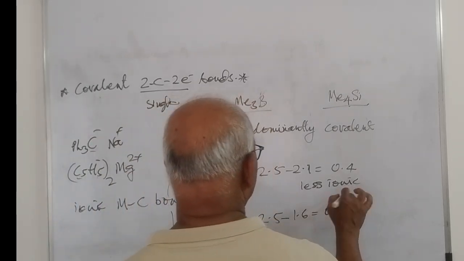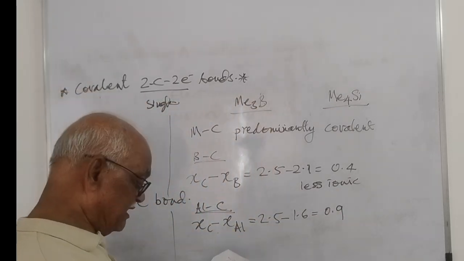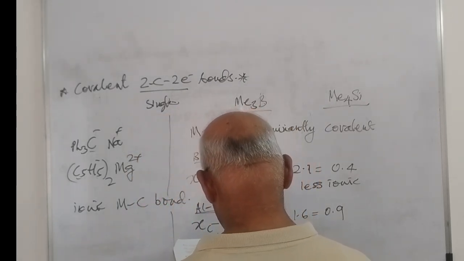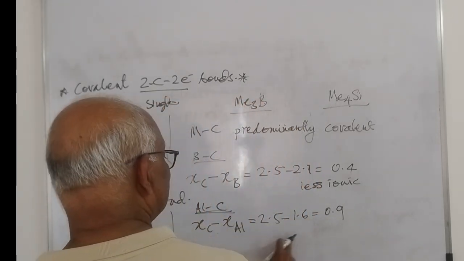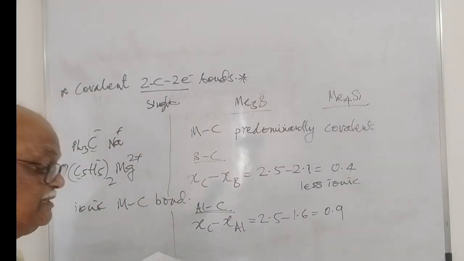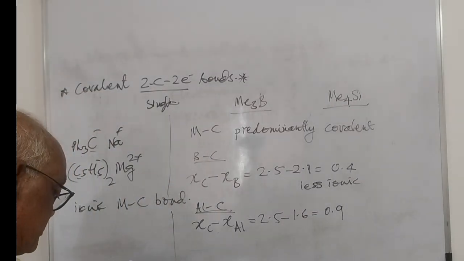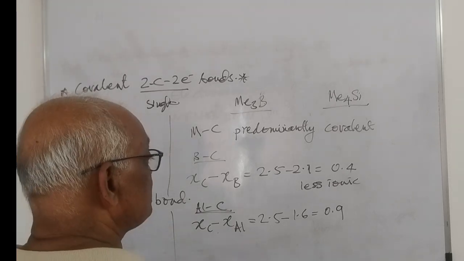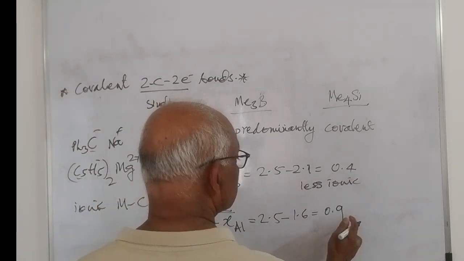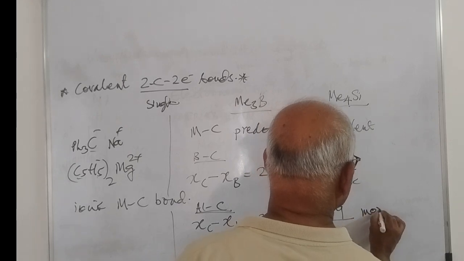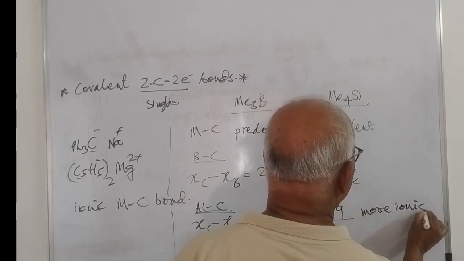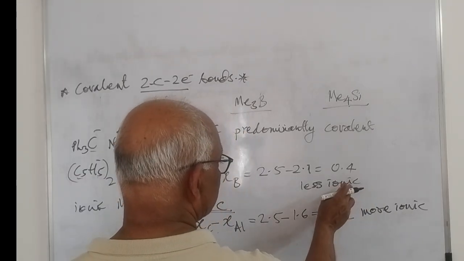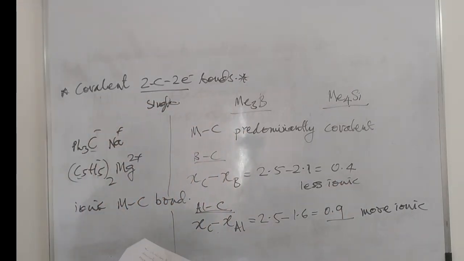The boron carbon bond is less ionic, meaning more covalent. Here we find that this is monomeric, and the difference is 0.9. In this way we can compare that this is less ionic and this is more ionic; in other words, this is more covalent and that is less covalent.